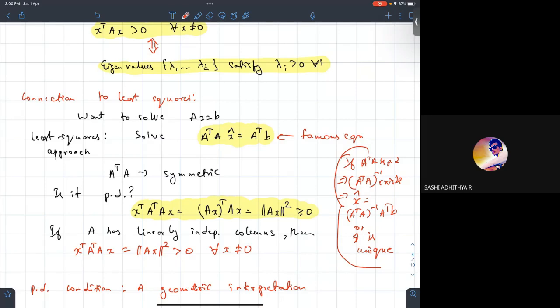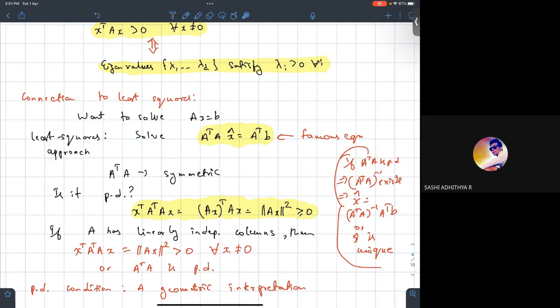Is this condition clear now? Whatever I have written here, this bit, or A transpose A is positive definite.